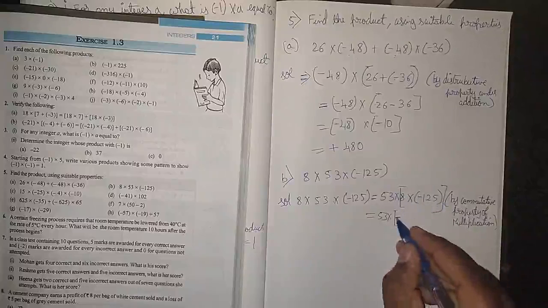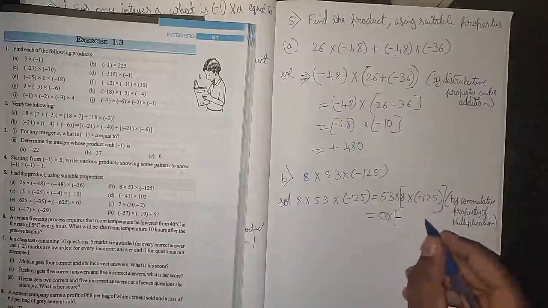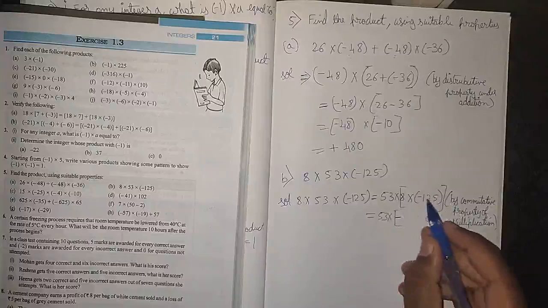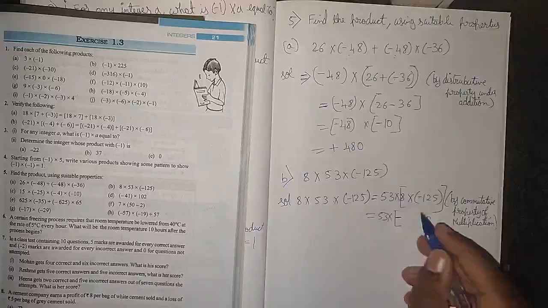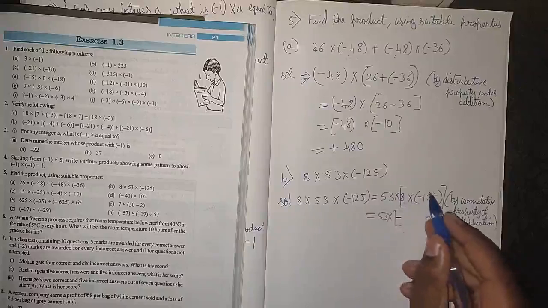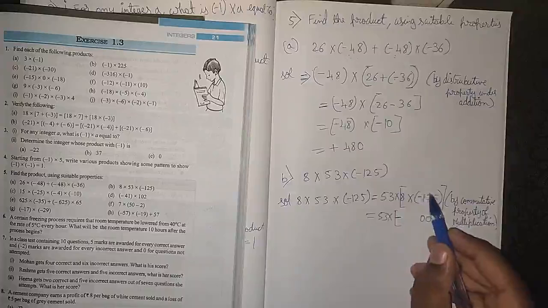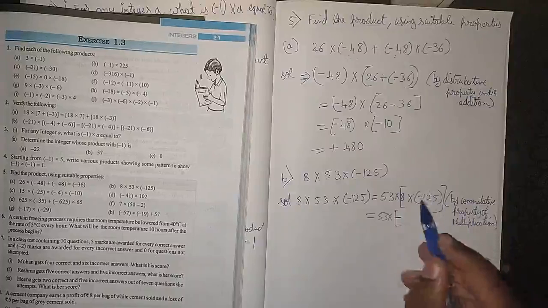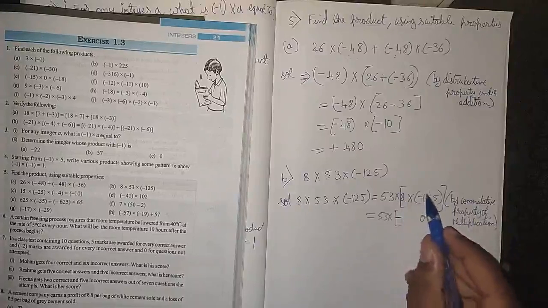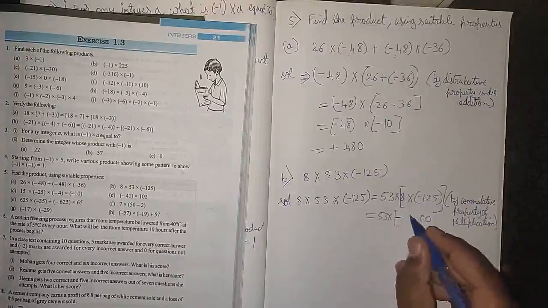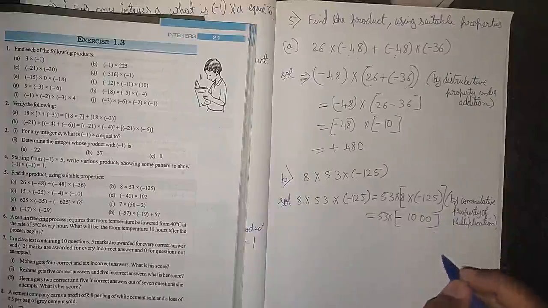Plus into minus is minus. 8 into 5 is 40, 0 I will write, 4 carry I will take. 8 into 2 is how much? 8 into 2 is 16, 16 plus 4 will be 20. So 0 I will write, 2 I will take as carry. 8 into 1 is 8, 8 plus 2 is 10, so 1000.